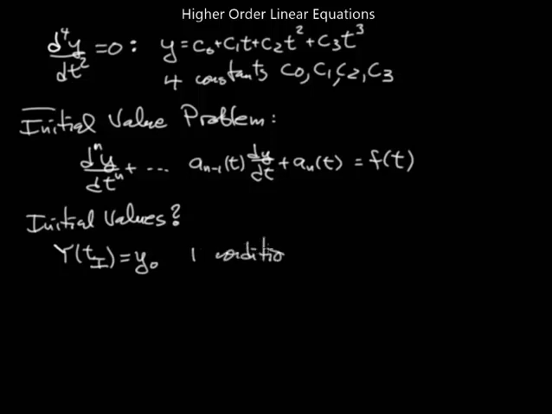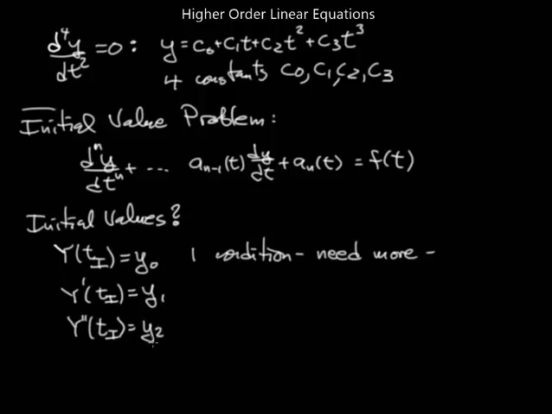That's a single condition, but as we saw, we need more. So let's specify the first derivative at the initial point, say y1, and the second derivative, and let's ask that that be equal to some y2, and so on, all the way up to the n minus first derivative.